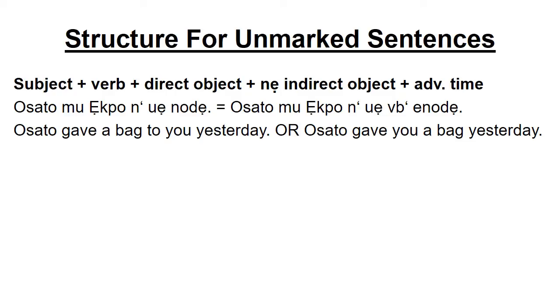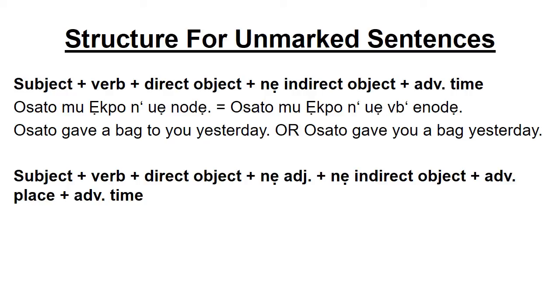And from my last lecture, you know that mu is used because it is ekbo, because ekbo occupies space and it usually has weight to it. So Osato gave a bag to you yesterday, or you can simply say Osato gave you a bag yesterday.